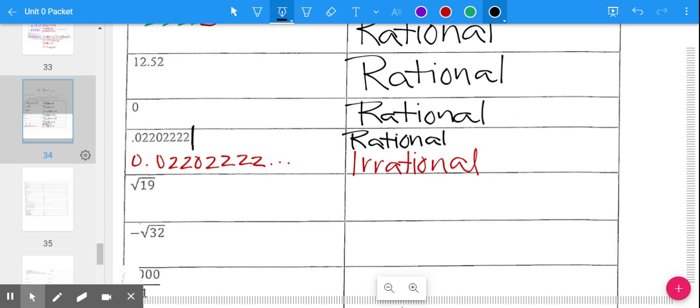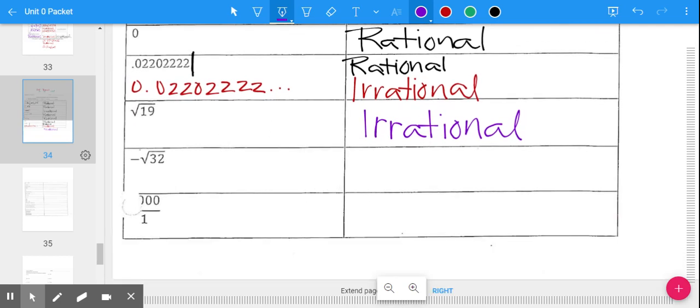When it comes to radicals, this square root of 19 cannot be simplified. So if we changed it over into a decimal, it would have a decimal value that continues going forever without a pattern. So because we cannot simplify that square root, it is irrational. The square root of 32, if we simplified it using the factor ladder, take a 2 out of it, that gives us 16. 16 is a perfect square, which means 4 goes into it 4 times.